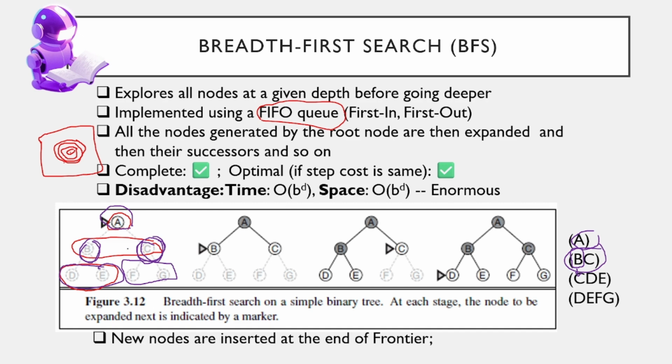First B, C, then C, D, E, then D, E, F, G. See, always processing the older nodes before the newer ones come. New nodes are inserted at the end of the frontier.